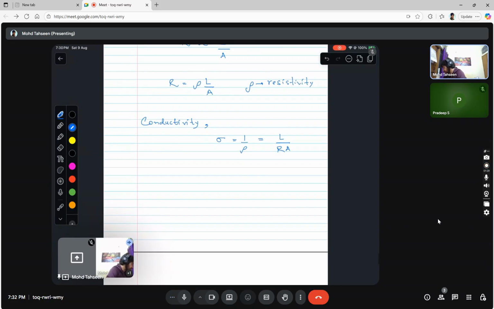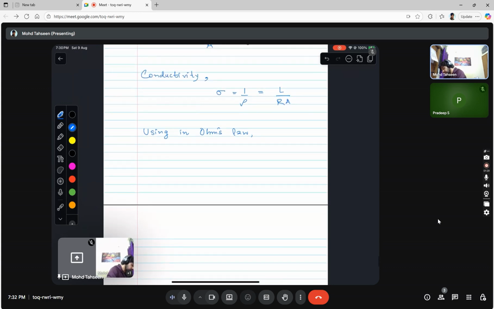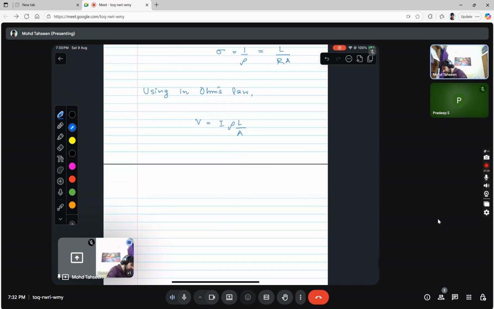Now we can use it in Ohm's law: we find that V is equal to I times R. Now I can replace that R by rho L by A, right? And then I can divide by L on both sides to find that V by L is equal to I rho by A.